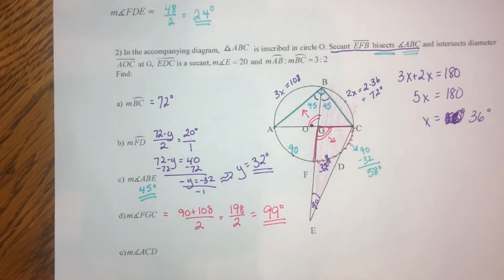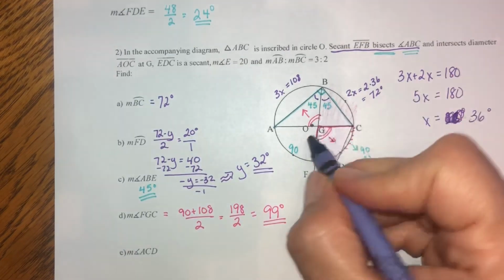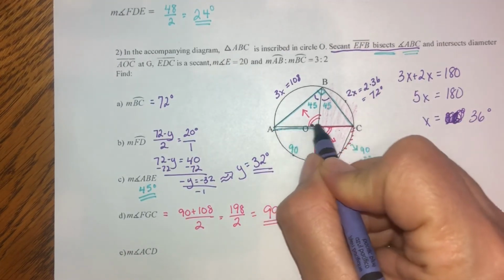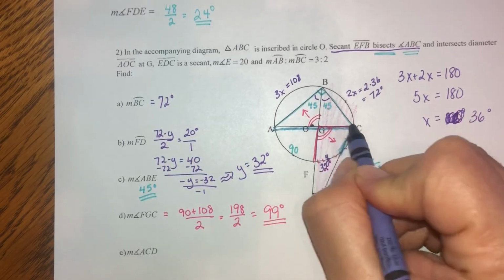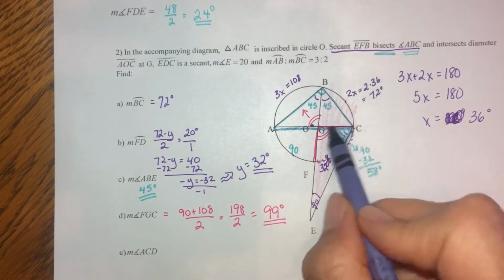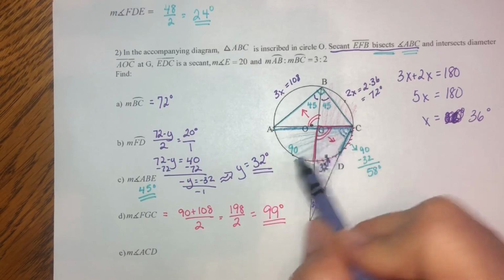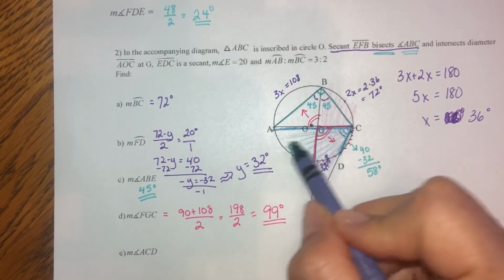My final part of this question was angle ACD. From A to C to D, we're looking at actually a very friendly little inscribed angle there. I'm going to color that in for you. From A to C and then down to D. Everybody sees how that's an inscribed angle there? But when I look across, the trick to this question is like some other tricks we've had.